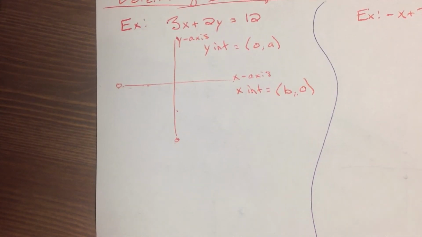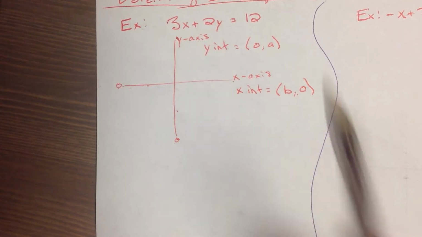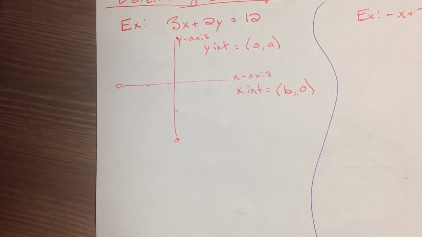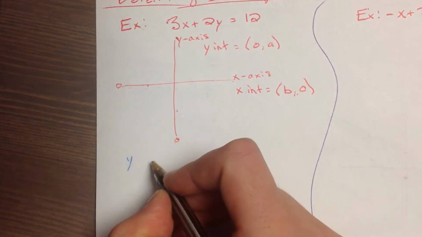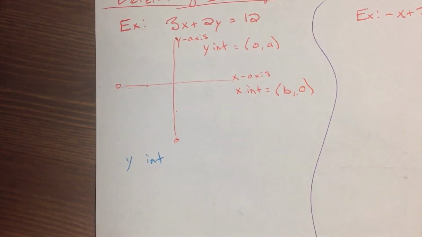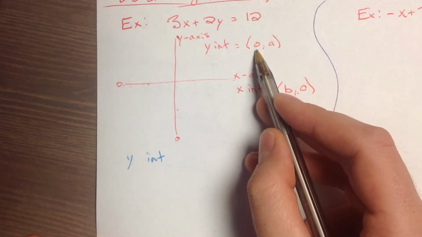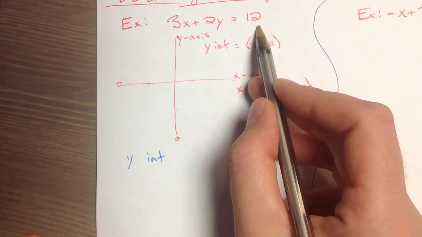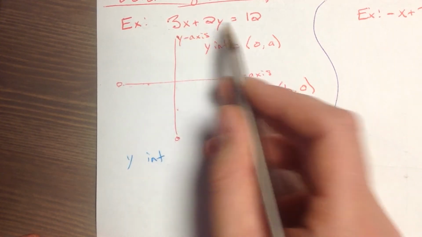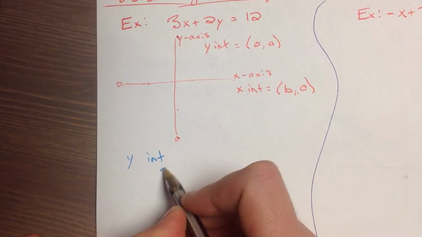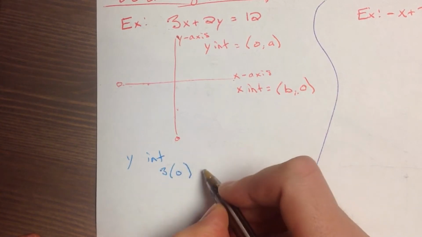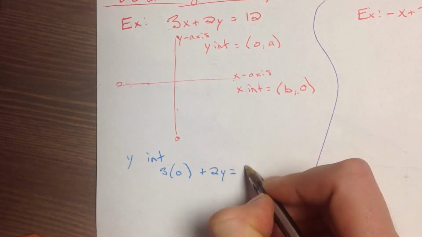So if we were given an equation, these two pieces of info are really useful in finding intercepts. So for example, let's say we have 3x plus 2y equals 12, and we want to find the y-intercept. Well, the y-intercept is such that x is 0. So in this equation, we're going to make x 0 and see what y is. So 3 times 0 plus 2y equals 12.